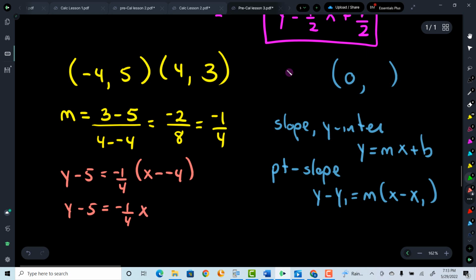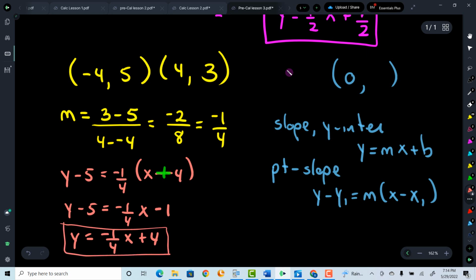Now this is the same thing as plus, right? Minus, minus. So I'm going to distribute -1/4. -1/4 times +4 is -1. Adding 5 to both sides, we get y equals -1/4 x plus 4. So there's the equation of my line.